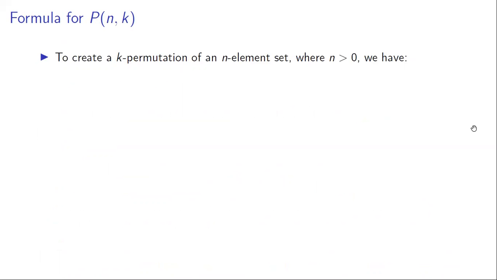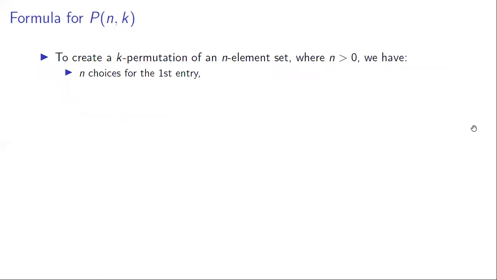Now we want to find a general formula for P(n, k). So we have the same type of reasoning as before. If I want to make a k-permutation of an n-element set, where n is greater than 0, we have n choices for the first entry, right?